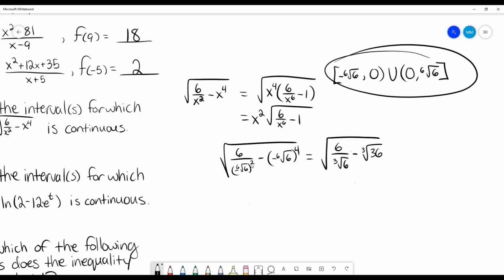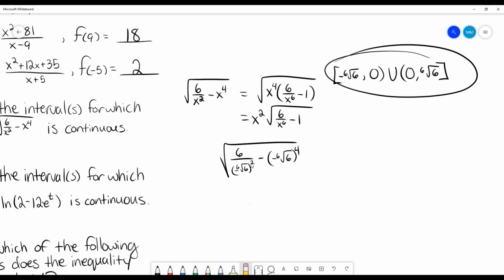I'm going to do 6 divided by the cube root of 6, which gets us about 3.3019, and so on. And then I'm going to take the cube root of 36, which is exactly that same answer, so this will just end up with a 0. And obviously, we were just plugging in our negative value. Our positive value should end up with the exact same thing there.